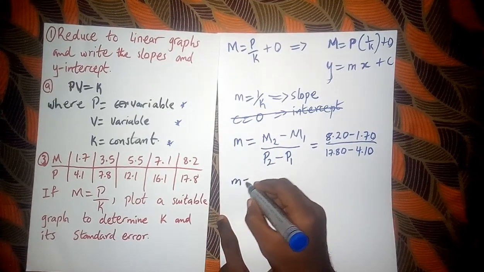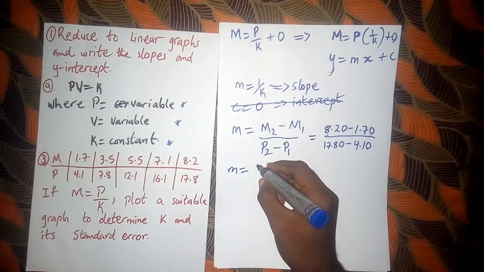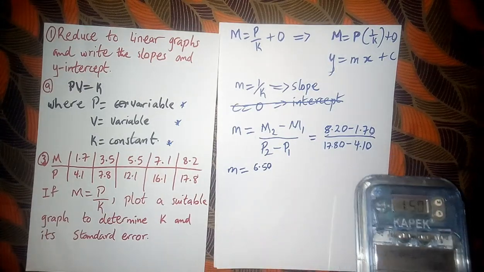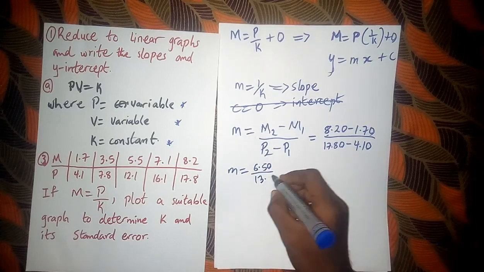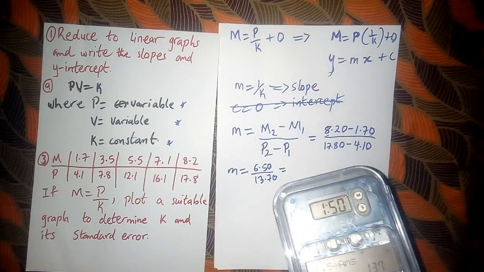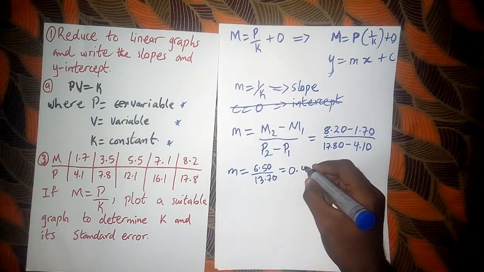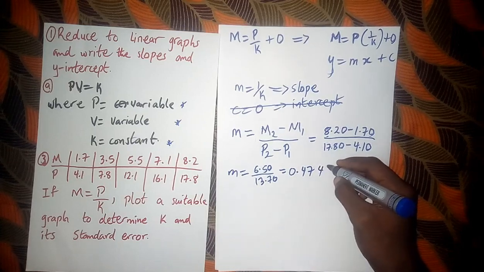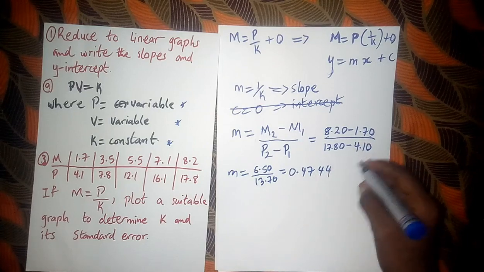So m is equal to 8.20 minus 1.70, that is 6.50, over 17.8 minus 4.1, that's 13.70. This will give us 0.4744. You can leave it that way.